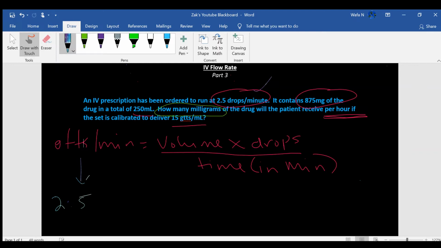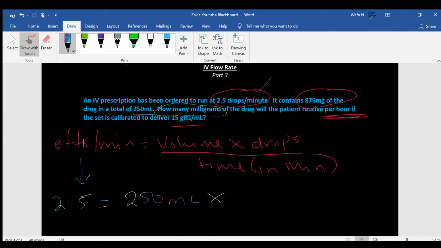So 2.5 equals, as you can imagine, what do you think the volume is? The volume in milliliters is the 250 that you see here. The 250 here is the volume, so it's going to be 250 mL, and we are going to multiply that by drops per milliliter.